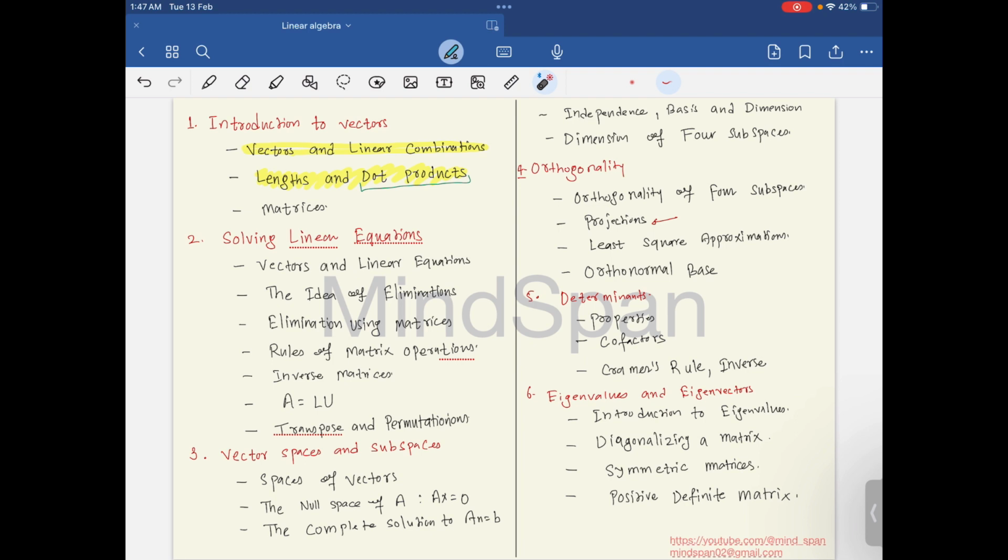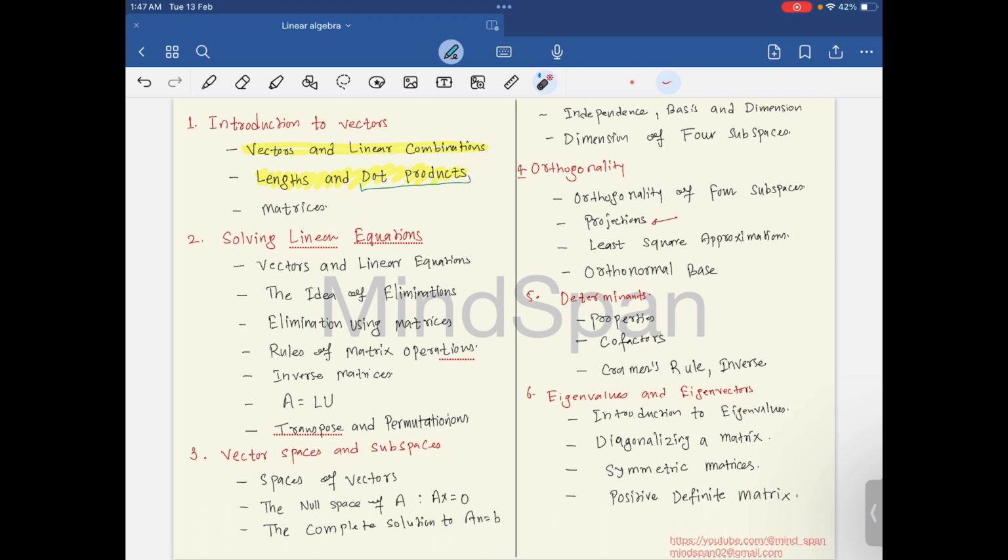So let me just go through it. We are in this chapter, introduction to vector, and we have covered linear combination of vectors. Also, we have covered the problems on this chapter. Now we are in length and dot product, and we have covered the theory part.